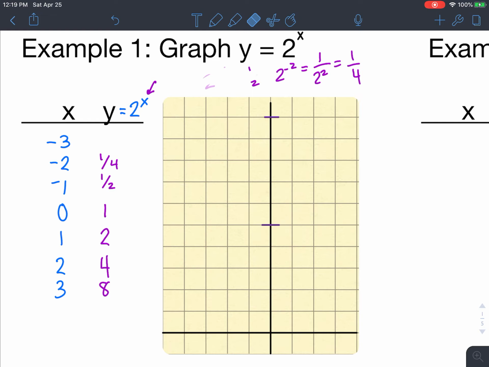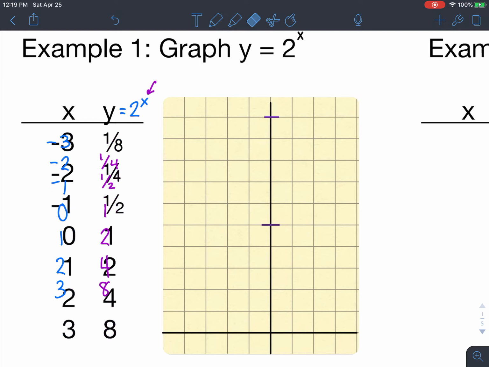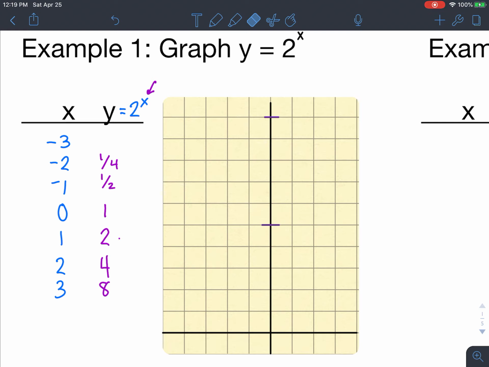Now, hopefully you notice that when you use the negative exponents, it just takes the answer you have from the positive exponent and flips it upside down. So that can make filling out the table even easier. So 2 to the -3 then would be 1/8.